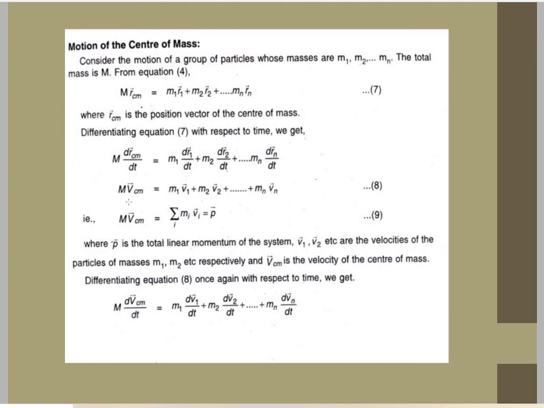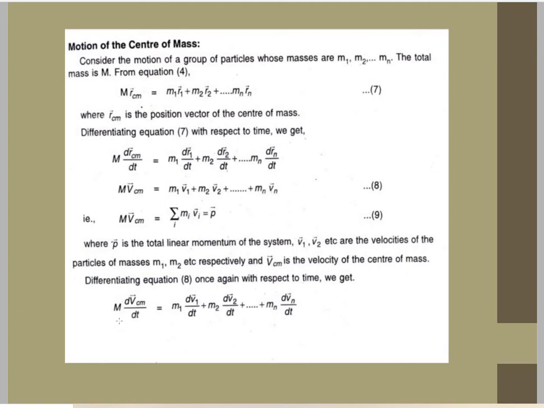So M into VCM, velocity of the center of mass, is given by m1 v1 plus m2 v2 plus etc. mn vn. So M into VCM is given by sum over i mi vi. So this is nothing but the momentum. P is the total linear momentum of the system, and v1, v2, v3 etc. are the velocity of the particle of mass m1, m2 etc.